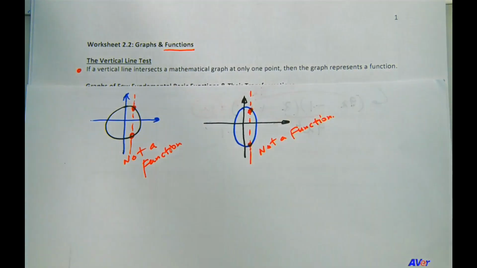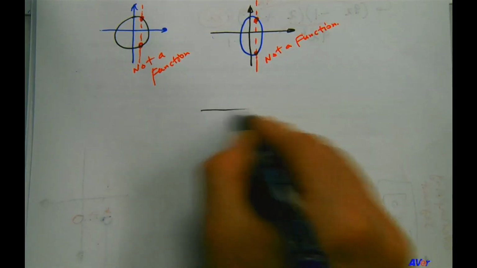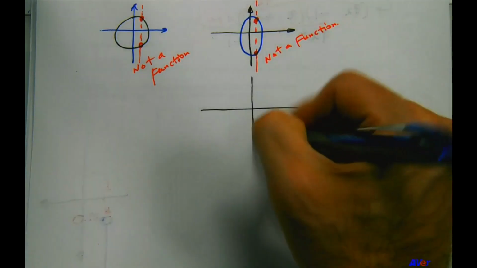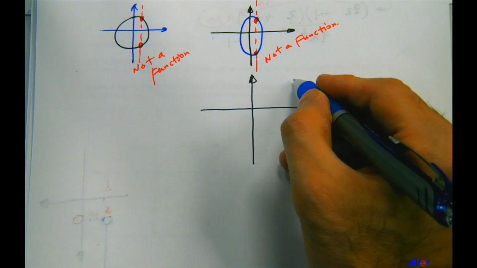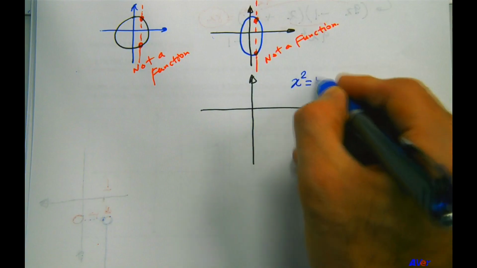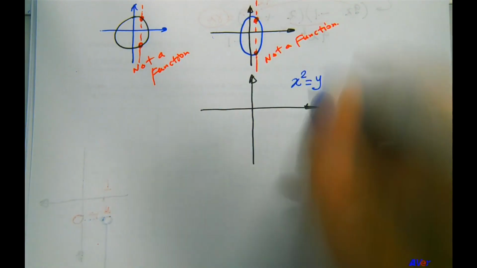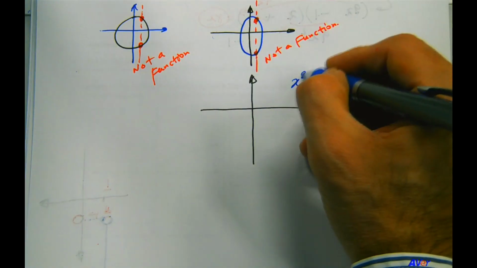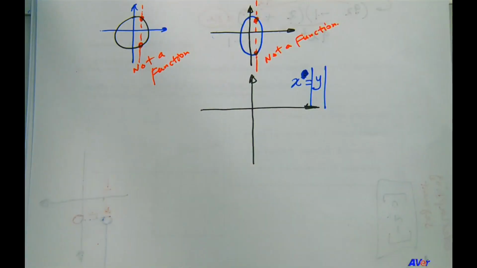Other examples of things that are not a function is a horizontal absolute value function. So if you graph the function x squared equals y... not x squared, that would be x equals absolute value of y.